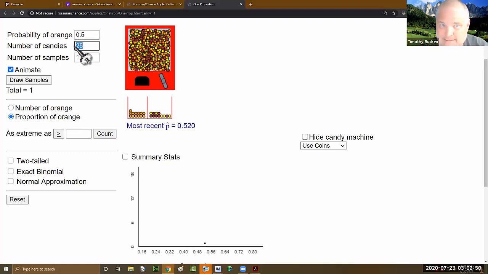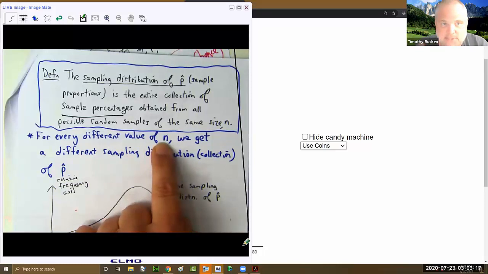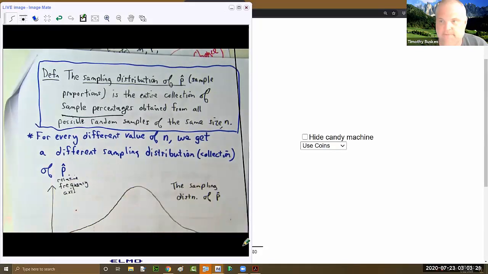But if you change this number to a different sample size, say 30, and you rerun the simulation, then you're going to get a different sampling distribution, a different collection, a different list of random sample percentages. So once again, for every different sample size n, you're going to get a different sampling distribution. Okay, fine.